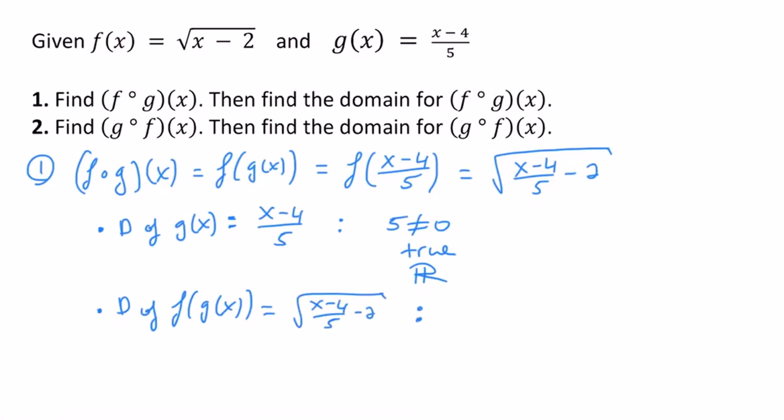For the fraction, the denominator, which is 5, cannot equal 0. This is a true statement. Because it's true, we don't worry about it. No exclusion there. And then we have the square root. Inside the square root, (x minus 4) over 5 minus 2 needs to be greater than or equal to 0.